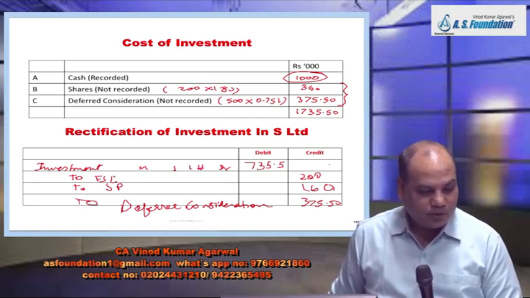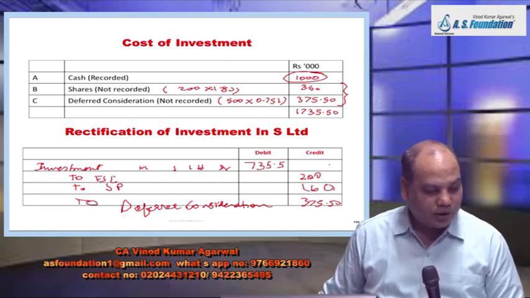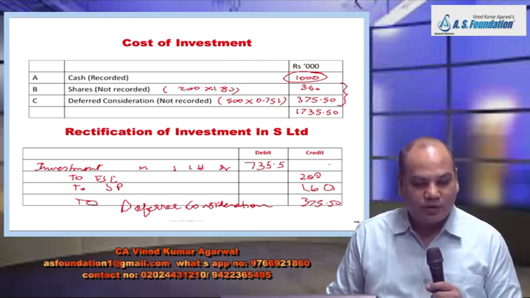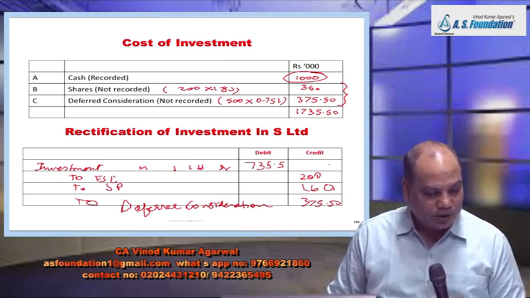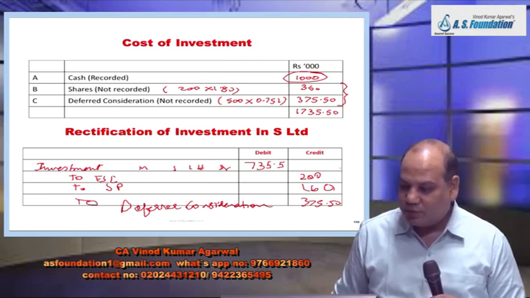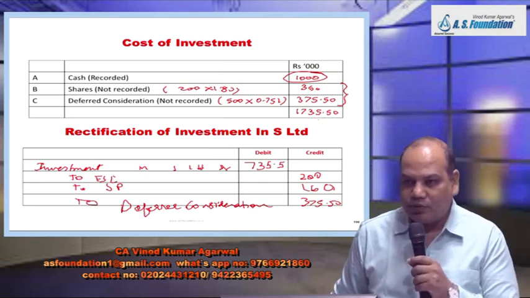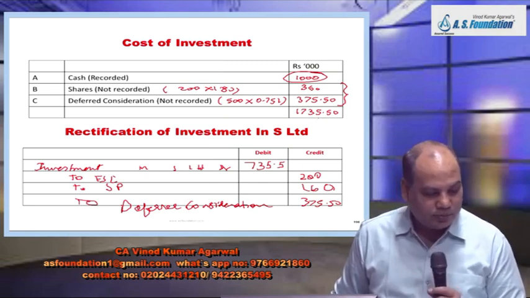Now I'll read the problem further. Below are the SOFP of P&S Limited on 31st December 2014. Property, plant, equipment, investment tick mark. The total investment figure now will become 1735.50 for goodwill calculation.